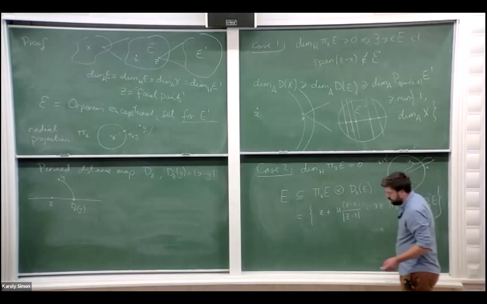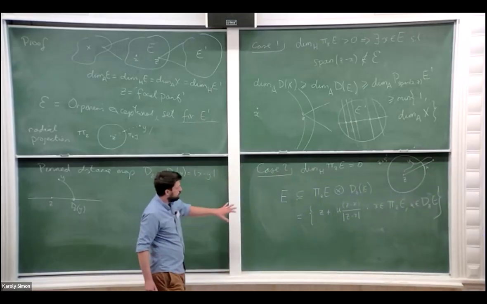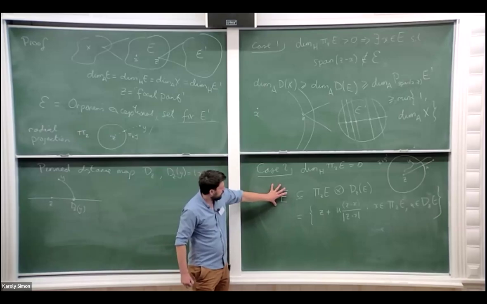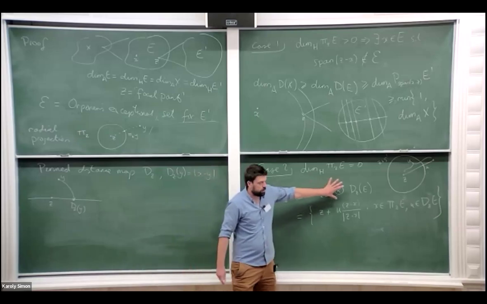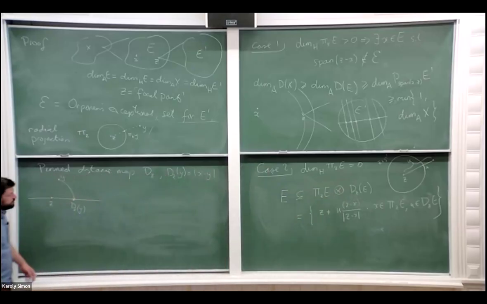Products are reasonably well understood objects in fractal geometry. And if I want to bound the dimensions of a set in terms of dimensions of a product, then there's all sorts of nice ways of doing this. Usually we work with Cartesian products, but this is close enough to a Cartesian product that with a very simple argument, you can establish the usual type of product phenomena.